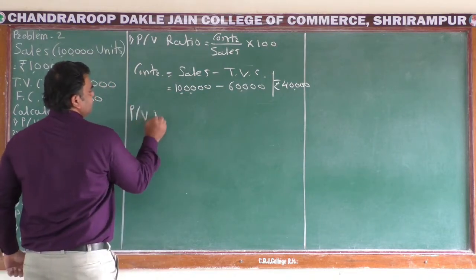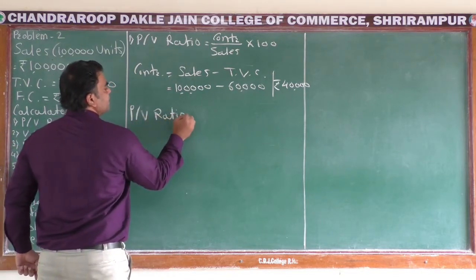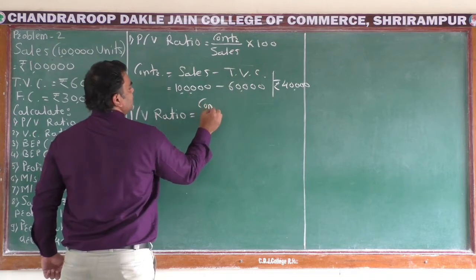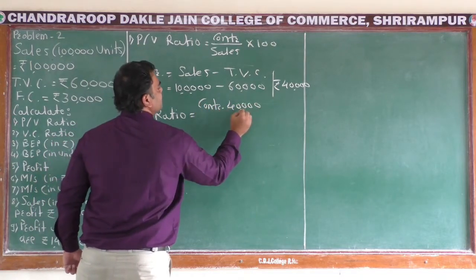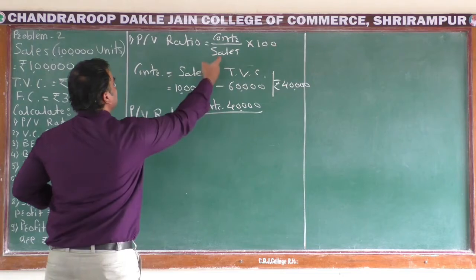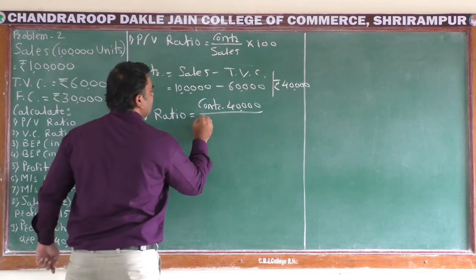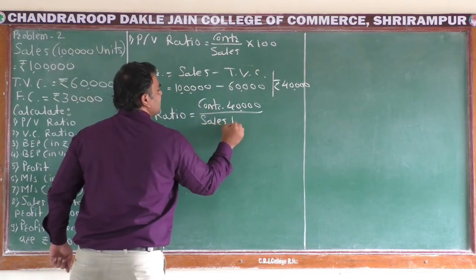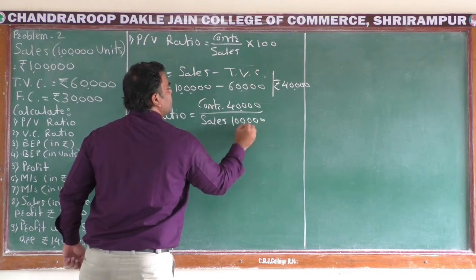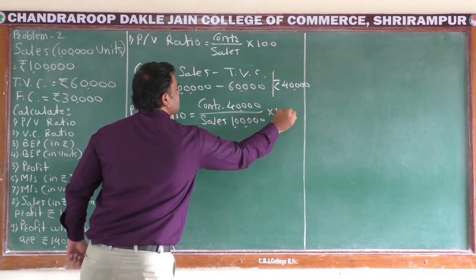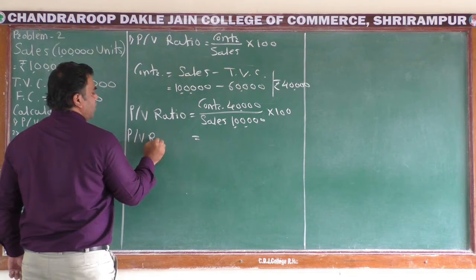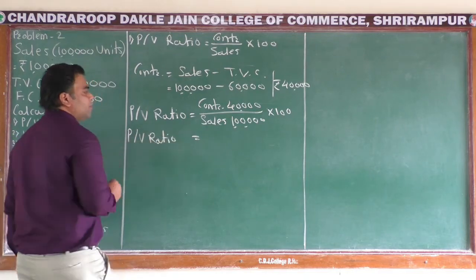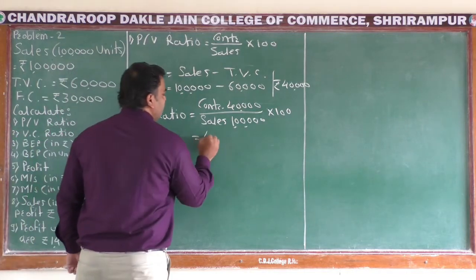So PV ratio is equal to contribution amount which is rupees 40,000 divided by sales which is rupees 1 lakh, into 100. So PV ratio, that is profit volume ratio or contribution ratio or contribution to sales ratio is 40%.